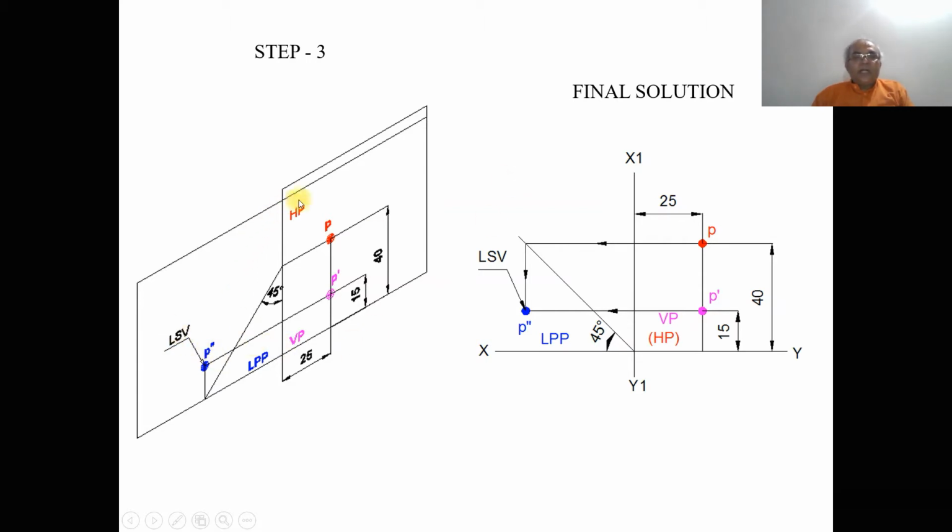Now we need to transfer this into the final solution by considering the orthographic views. First draw the XY line and also the X1Y1 line, and mark this as VP, HP as the one which has been rotated, and LPP on the left side. The distance with respect to the profile plane, which is 25 mm, is seen in both VP and HP. So from the X1Y1 line, measure a distance of 25 mm and draw a vertical projector.